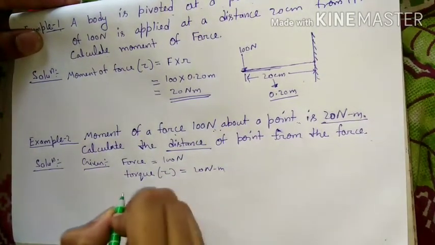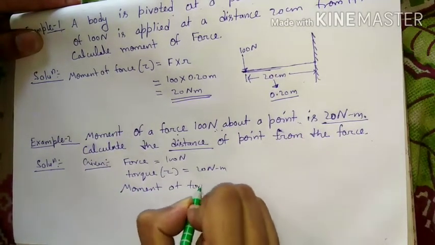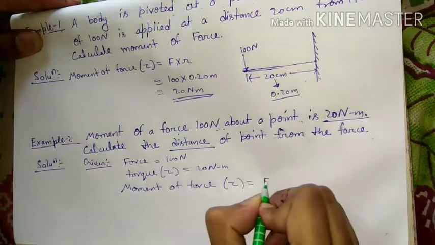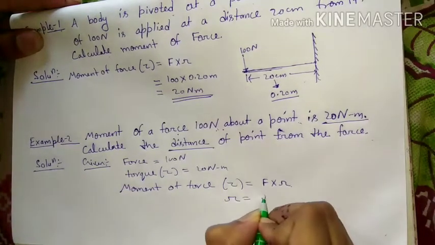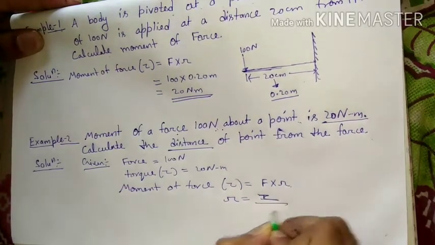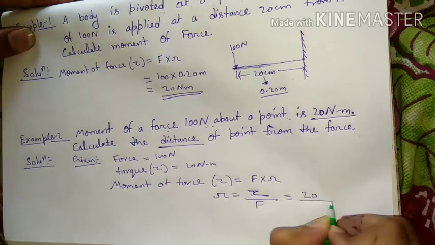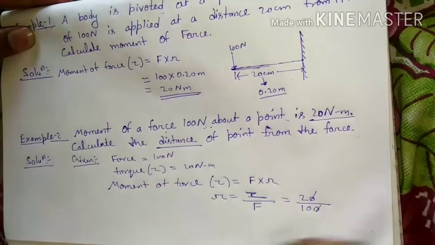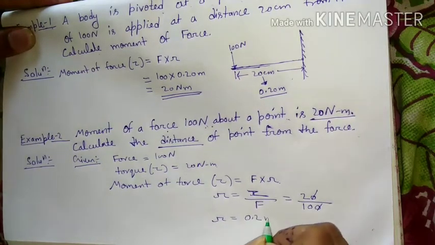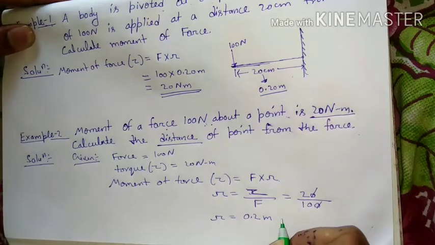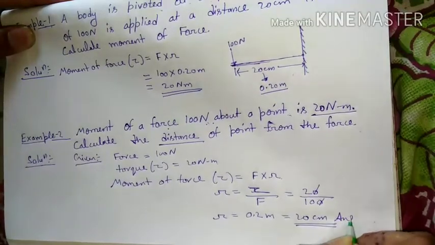We know that moment of force tau is equal to F into R. So R will equal tau upon F, which equals 20 upon 100. So R will equal 0.2 meter or 20 centimeter. This will be the answer of the second example.